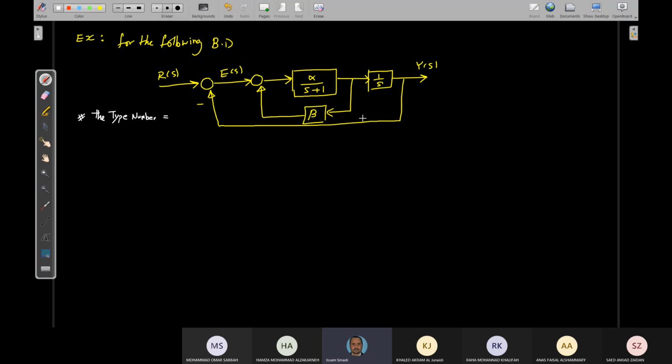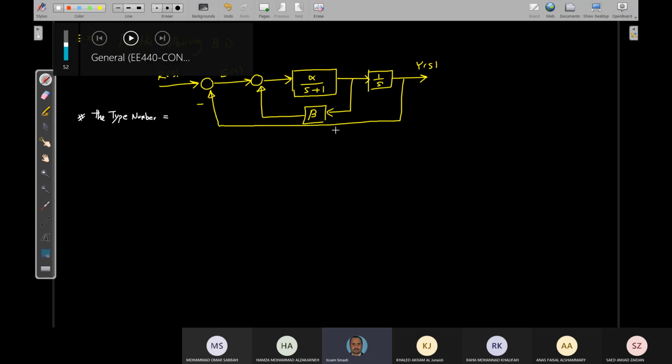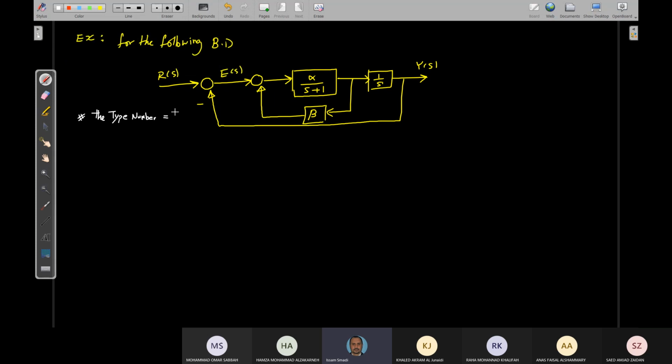If I'm having here, for example, S, this S will eat this S, so simply I will end up with, let's say, 0 type number. But simply here, for this case, I'm having type number equal to 1. So the type number is equal to 1.